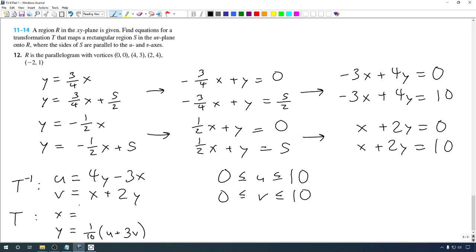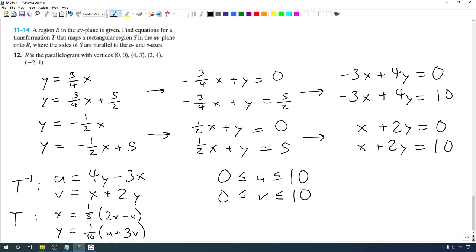If you instead multiply v by 2, that gives a 4y here and a 4y here. Then you could subtract them. You end up having to divide by 5 this time. But you get 1/5 of (2v minus u). And that is the transformation taking u and v to x and y.